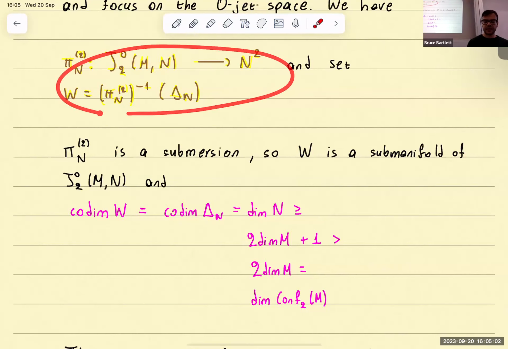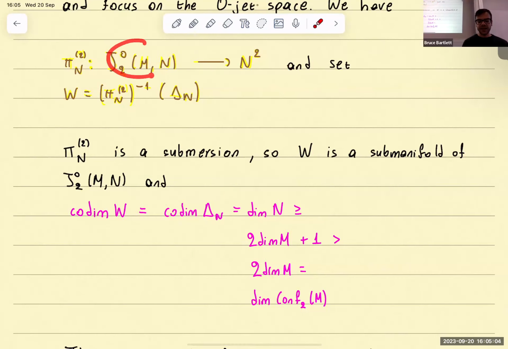I write here J0, but that's actually maybe a little bit of an overkill. J0 is just like little m comma little n, basically, and J02 is tuples of those.